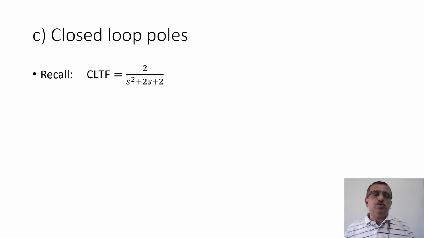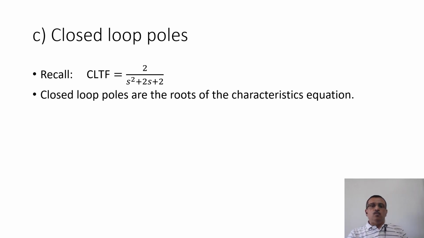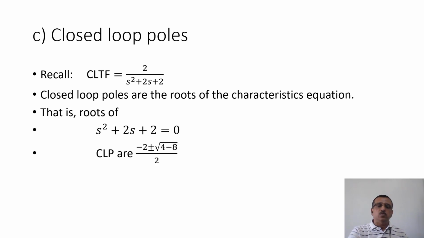What are closed loop poles? We know the closed loop transfer function. Closed loop poles are nothing but the points where the denominator of the closed loop transfer function, s square plus 2s plus 2, becomes 0. Closed loop poles are the roots of the characteristic equation, and the characteristic equation is what? s square plus 2s plus 2 equal to 0, and so s equals minus b plus or minus root of b square minus 4ac by 2a.